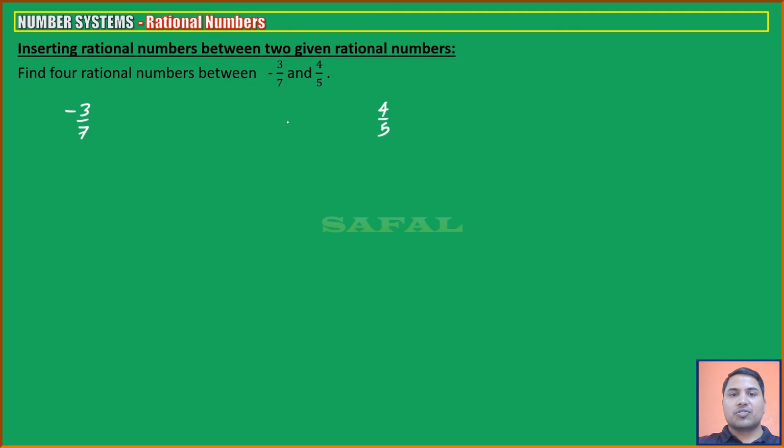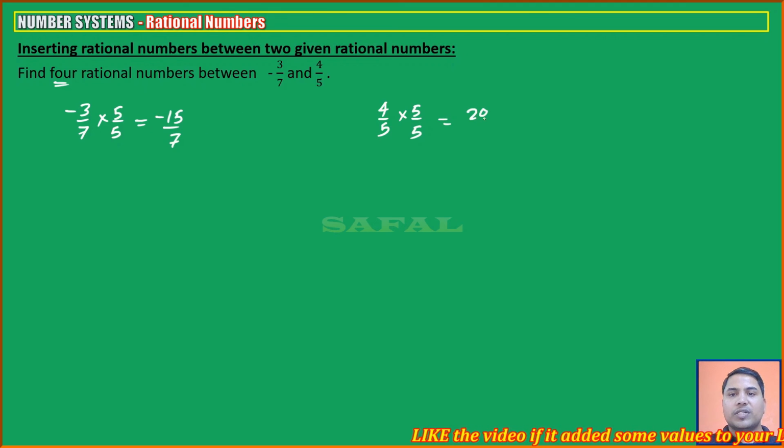Correct? So now, how many numbers do I want to insert? 4. Now 4 increased by 1 is 5. So multiply numerator and denominator both by 5. So here what I'll get is minus 15 by 35 and here I'll have 20 by 25.